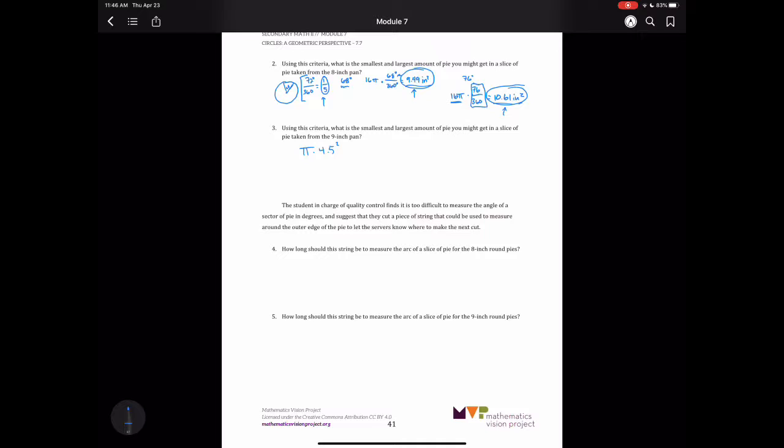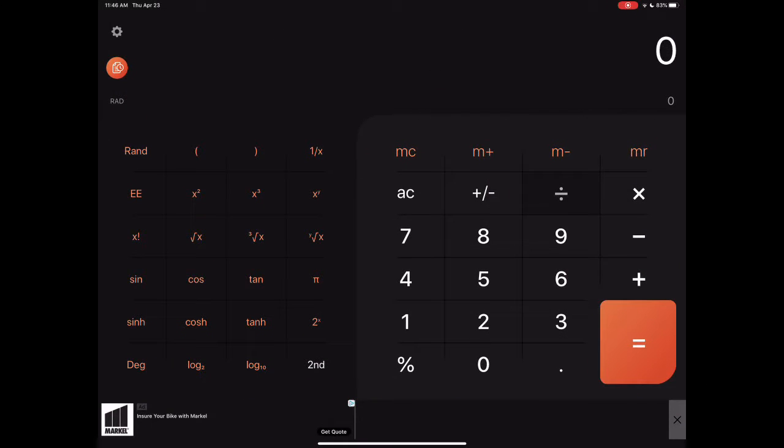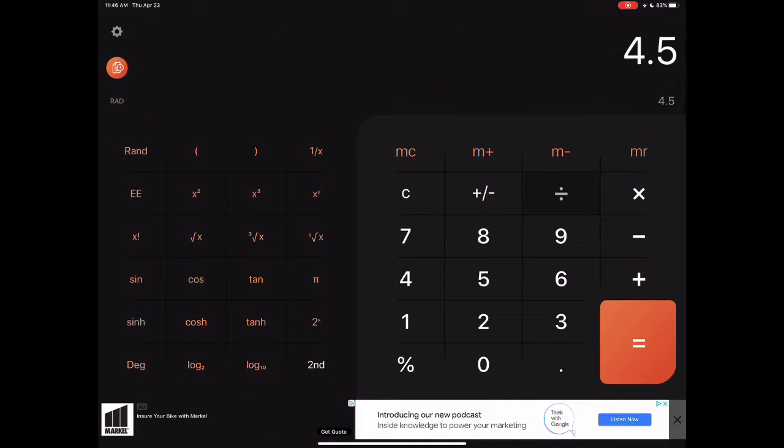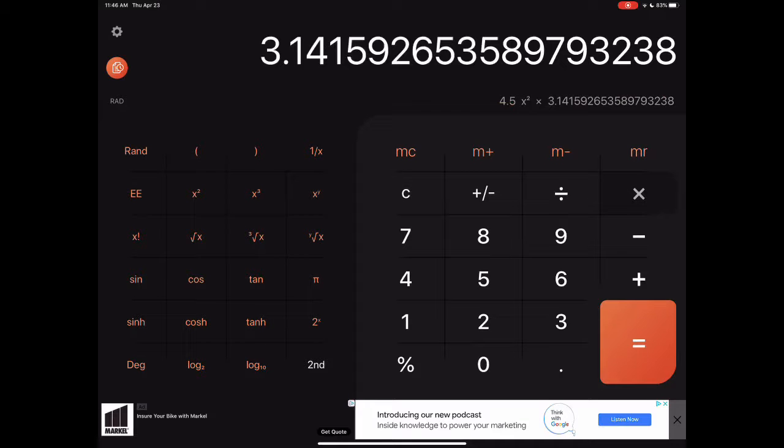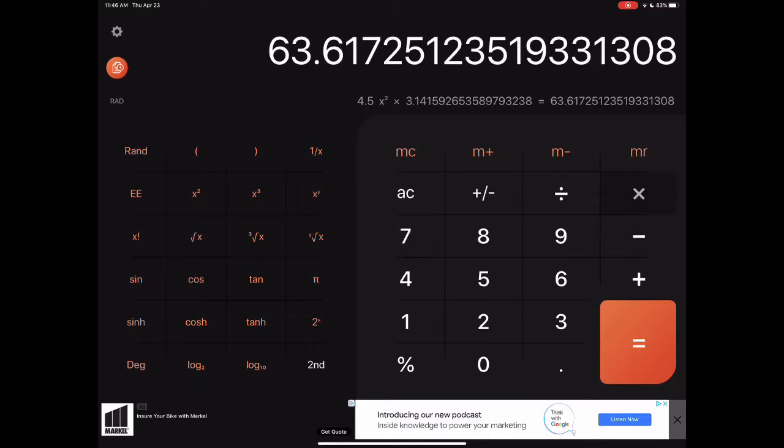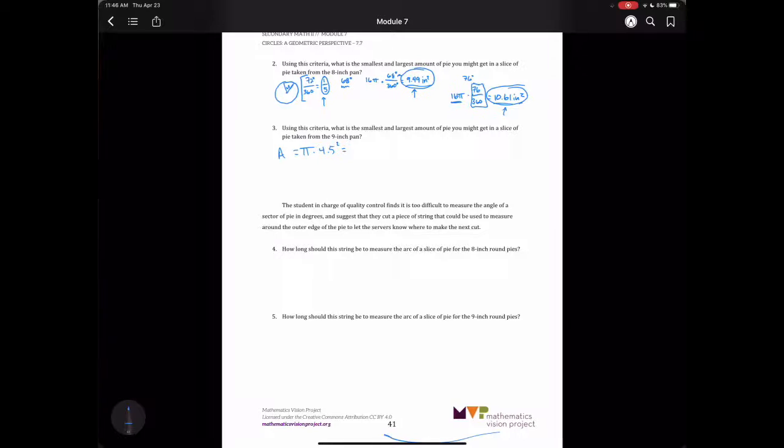So that's the total area, this is right here, of the entire pie, okay? So I'm actually going to just go ahead and write that down for us so that we know exactly what we're working with. 4.5 squared times pi equals 63.62 inches squared, okay? Because we're going to need to use this information then to figure out the sectors, right?